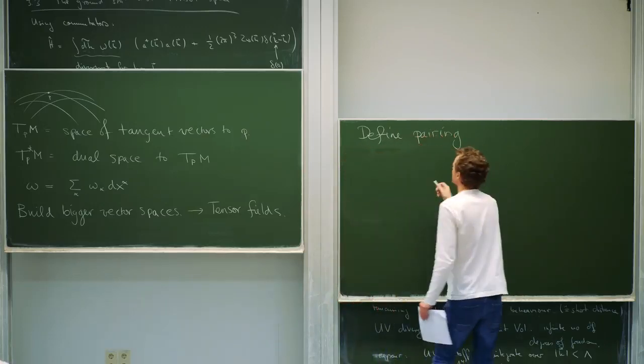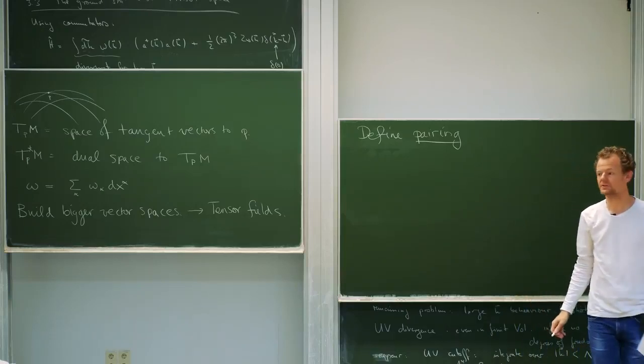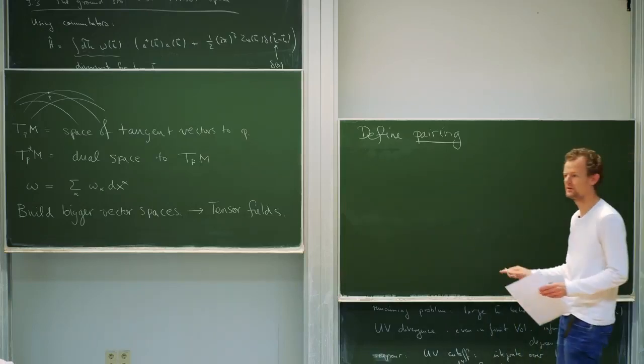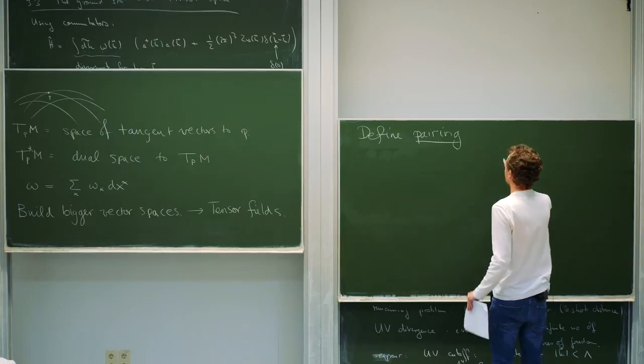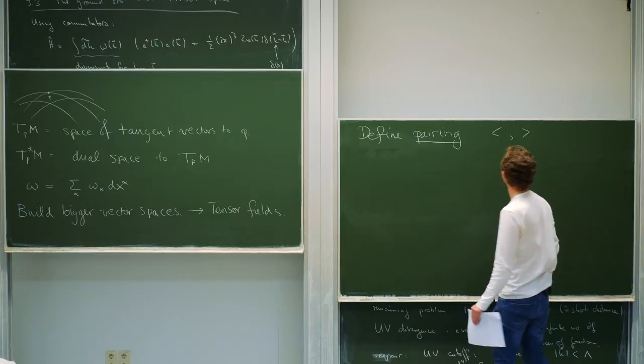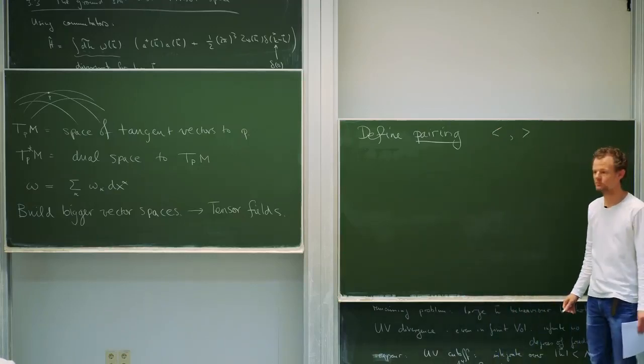In order to do that, I'll just define some notation that we used in the previous lecture without formally introducing it. We're going to define first a pairing written like an inner product symbol.